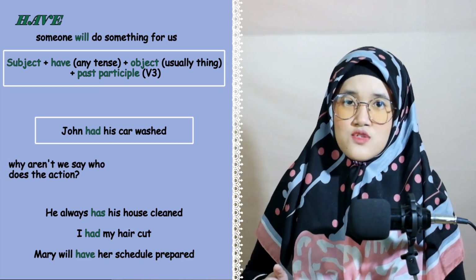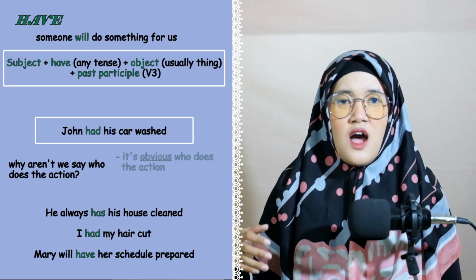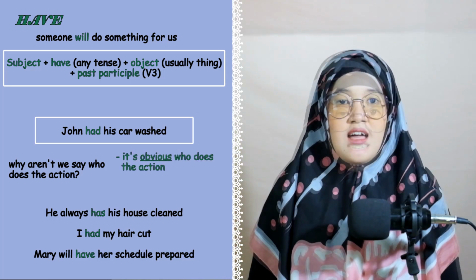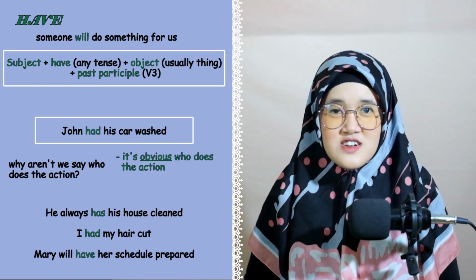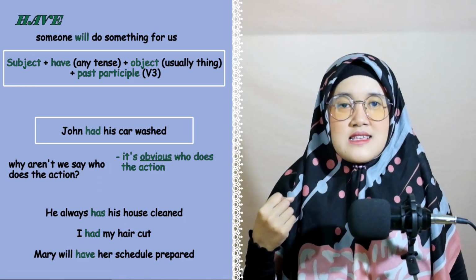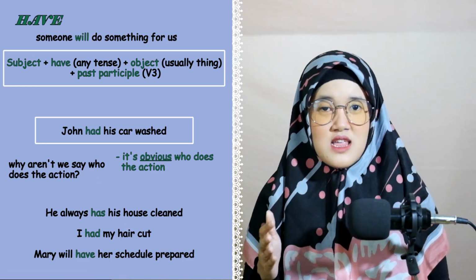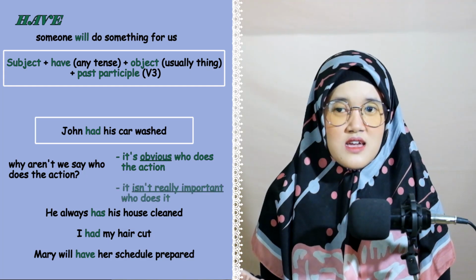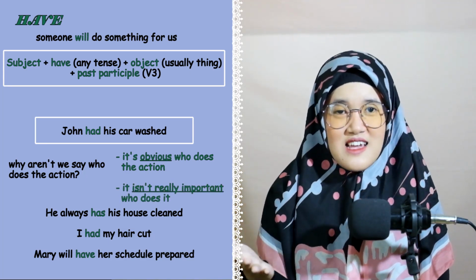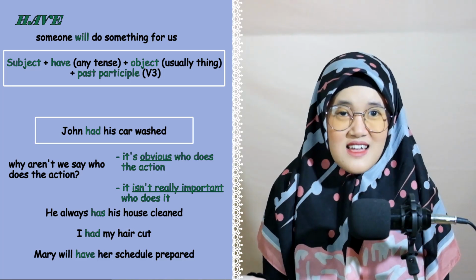Firstly, this is normally because it is obvious who does it, like a manager or hairdresser, makeup artist. Second, we might also not say who does the action because it is not important who does the action. It's just as simple as that.